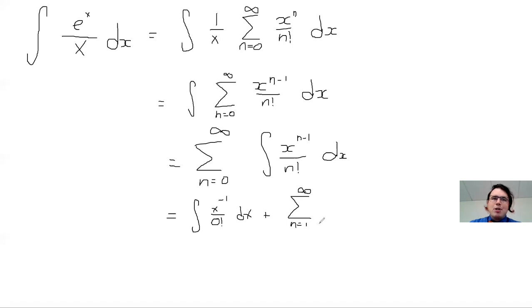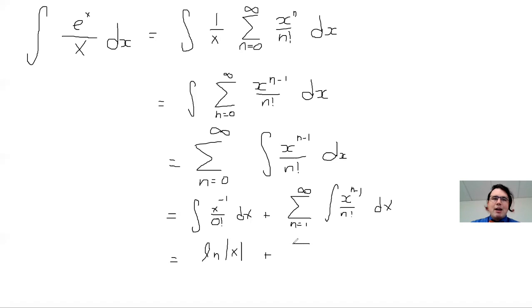So starting from n equals 1 to infinity, x to the power n minus 1 is guaranteed not to be an exponent of -1. The smallest exponent I can see here will be 0. So from this -1 term, I will have the natural logarithm of the absolute value of x.